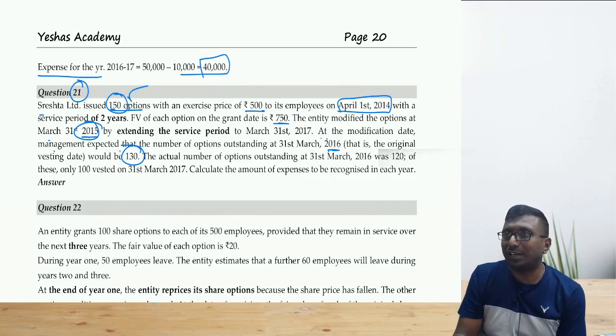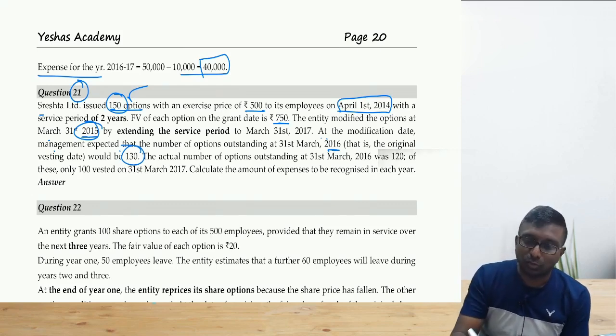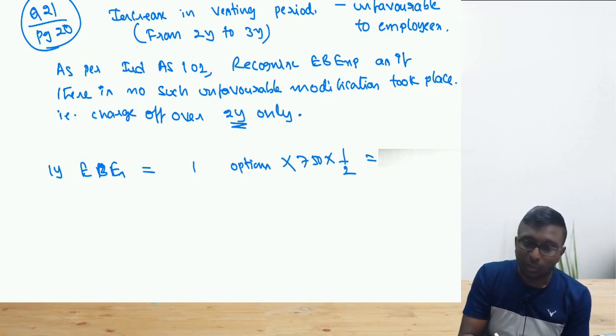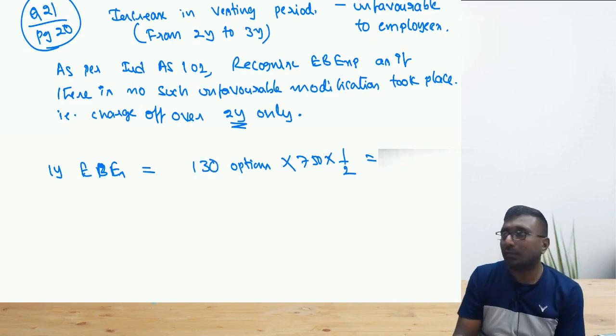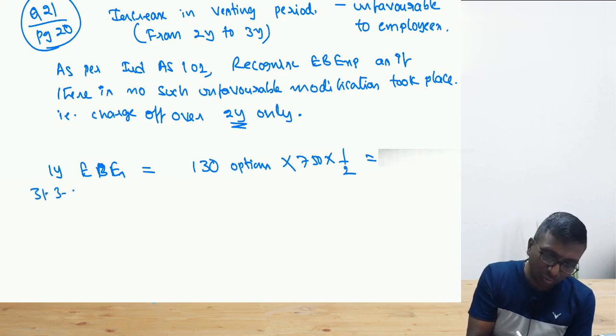But you will pass the journal entry at the end of the first year. At the end of the year when you are passing, that day's estimation you are supposed to consider. So what you have done is not correct. You took 100, then automatically the answer will be wrong. How much are you supposed to take? This is the first year, means 31st March 2015 data.